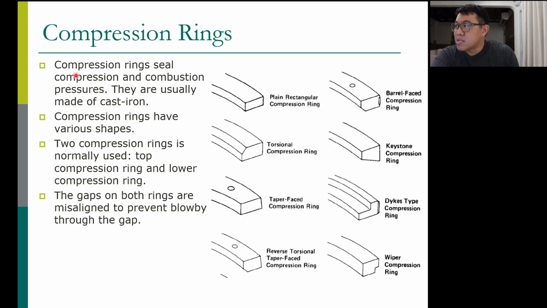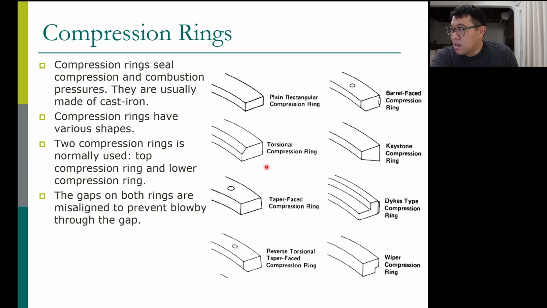So the compression rings' function is to seal compression during the compression stroke and combustion pressure during the power stroke. They are usually made of cast iron, of course. It has various shapes. Most of the shapes try to push the piston ring out, using the pressure inside the cylinder to push the piston ring outward, such that it seals better.